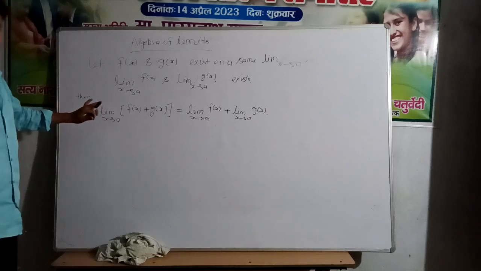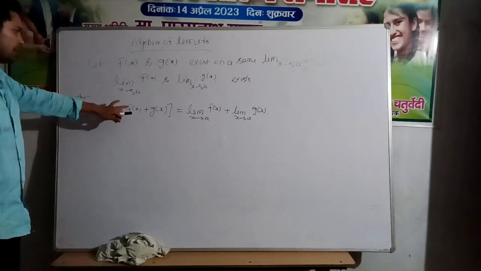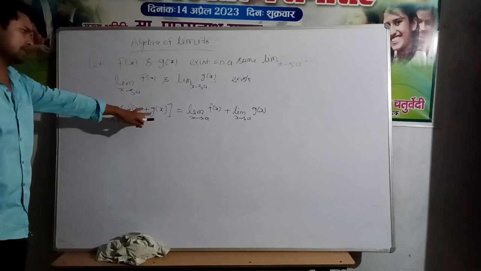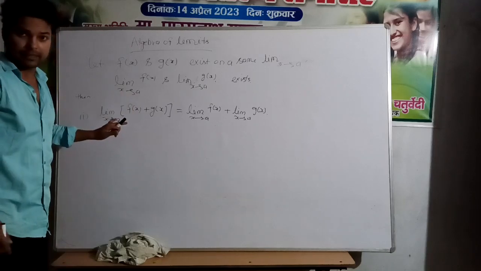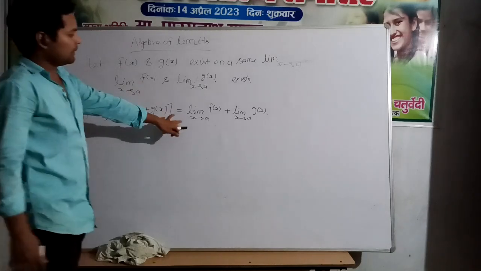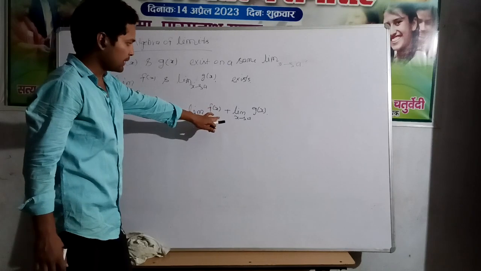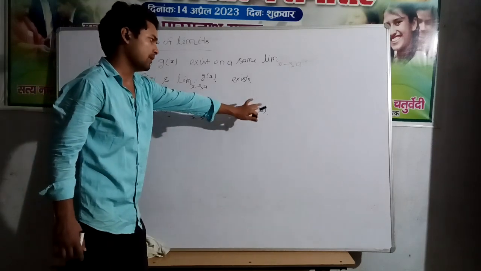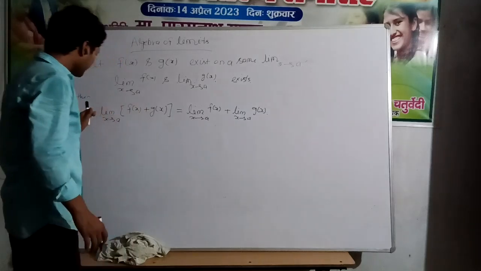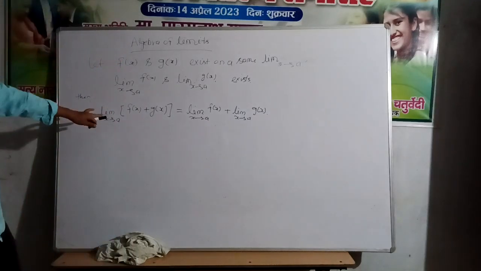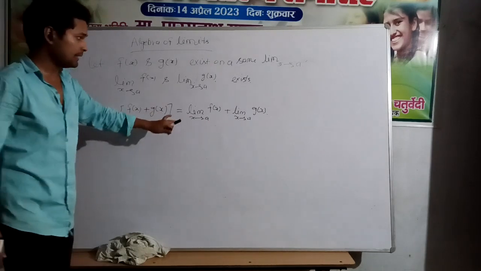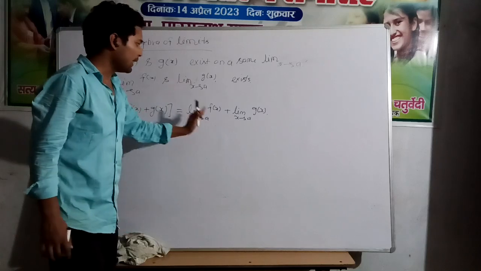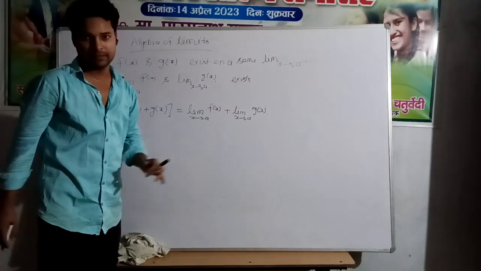In the simple addition way, if the functions exist in the same limits, then the limit x tends to a of f(x) plus the limit x tends to a of g(x). If these exist, then we add them separately.